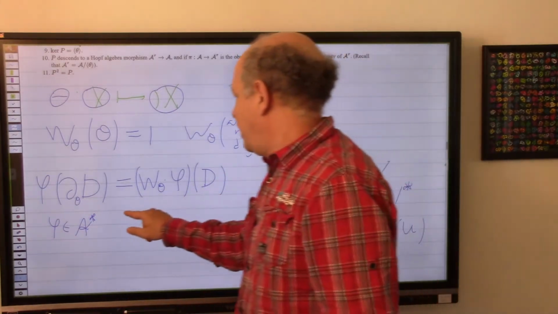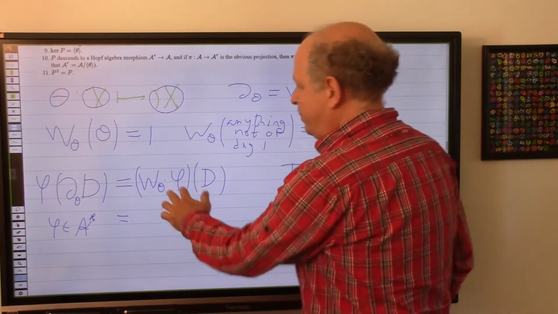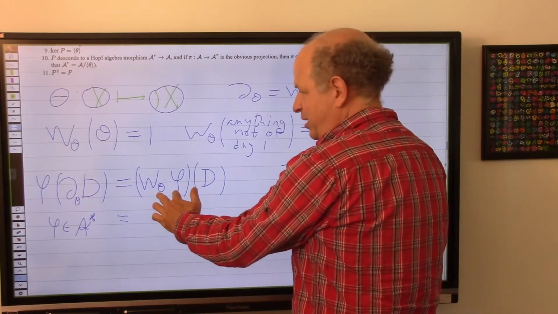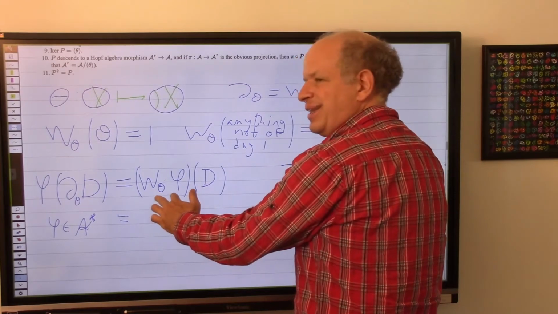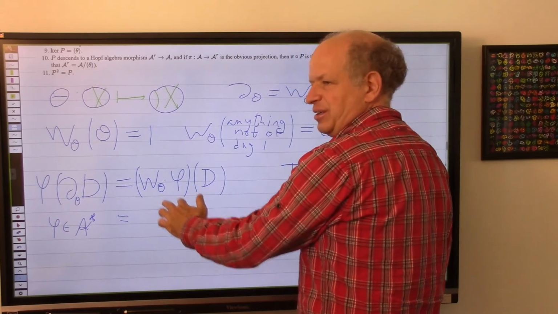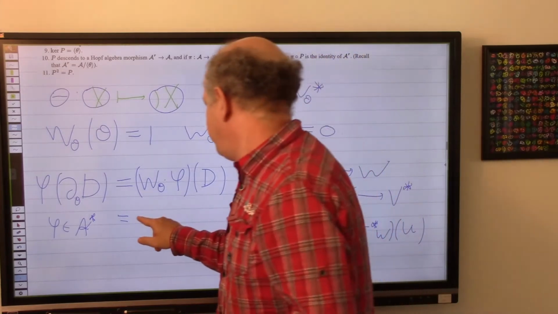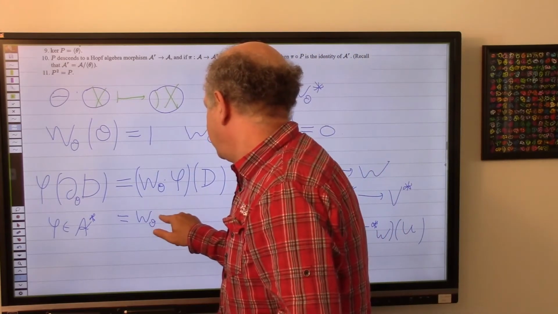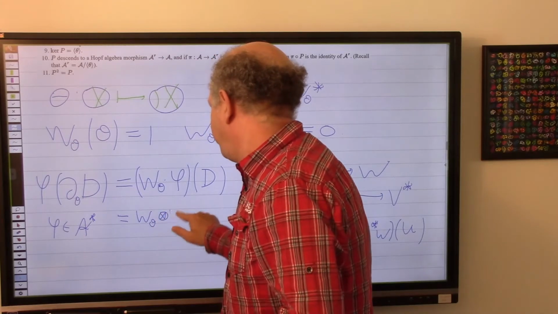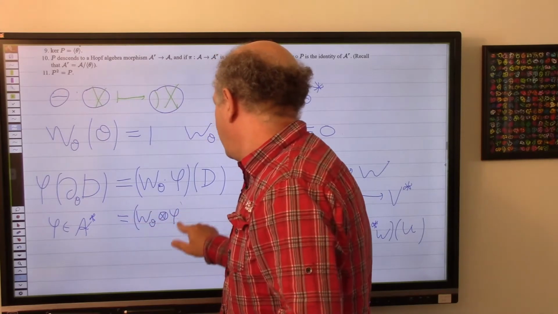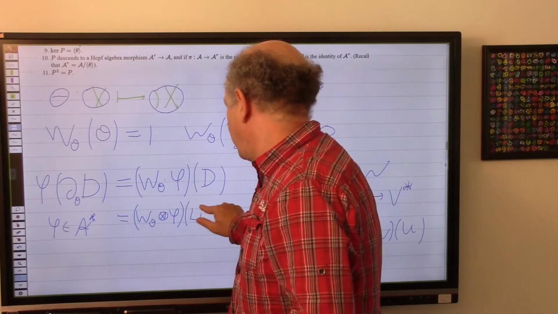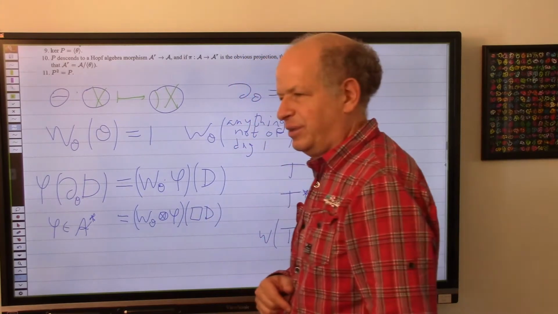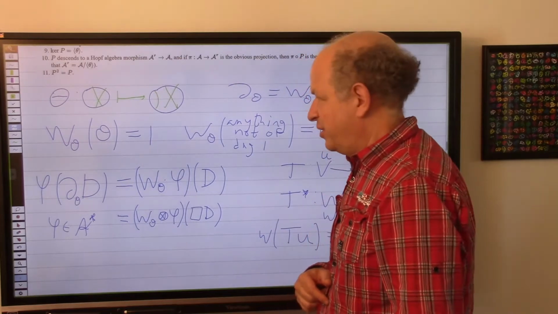Now, multiplication of linear functionals is defined using the coproduct. So this should be w theta tensor phi computed on the coproduct of D, right?